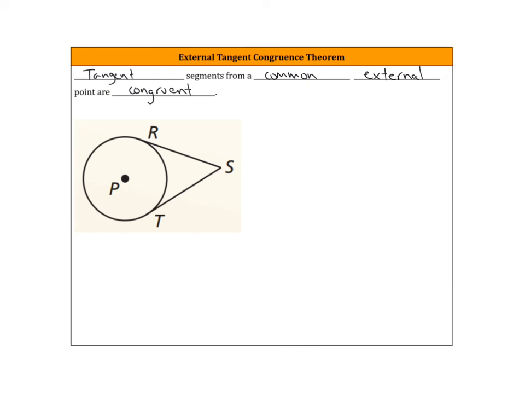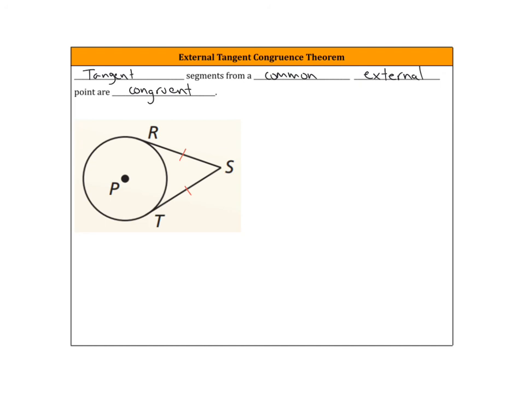So let's break this down. We have tangent segments. The ones in the picture that are tangent are RS and TS. If they come from a common external point, in other words, we have a point where our tangents come from, and they share it, as they do here, that means that our two segments are congruent.